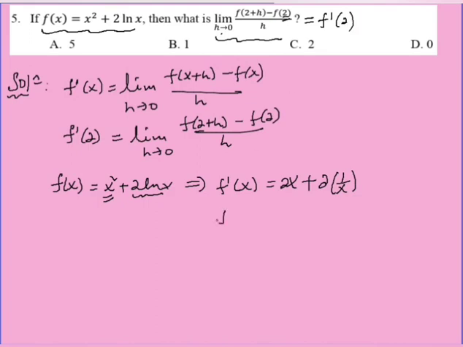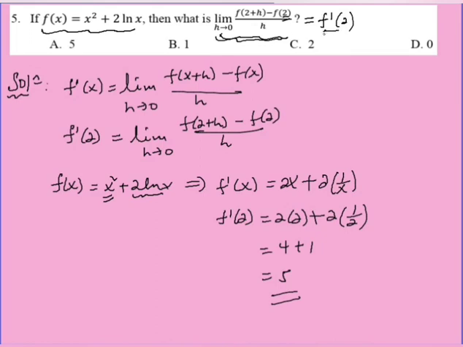So f derivative at 2 becomes 2 times 2 plus 2 times 1 over 2, making x equal to 2. So this is 4 plus 1. The result is 5. So the limit of this expression is the same as the derivative of f at 2. Therefore, the answer for this problem is A.